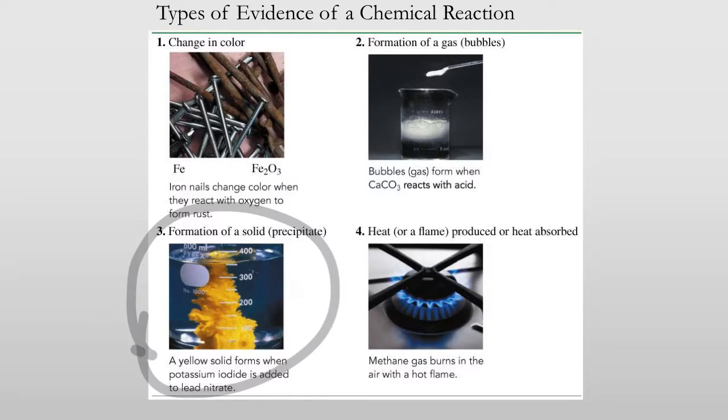So those are, I guess, 4 of the ways we can notice chemical reactions have occurred, but they can also give off light. They can also give off electricity, and so there's more than just what's in here, but these are the main 4 ways that we can identify that a chemical reaction has occurred.